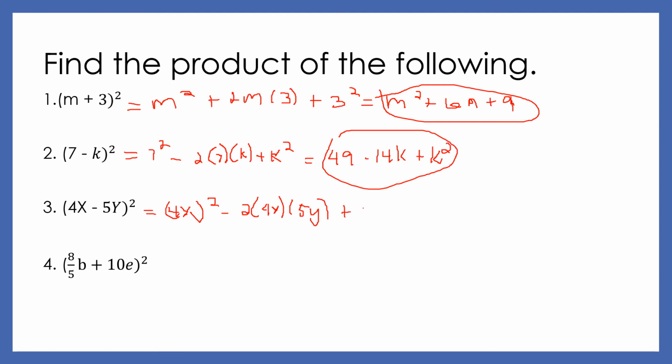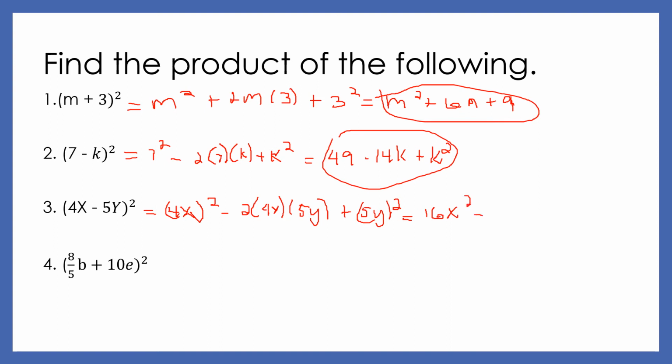Plus (5y) squared. So 4x squared is 16x squared, because 4 times 4 is 16.